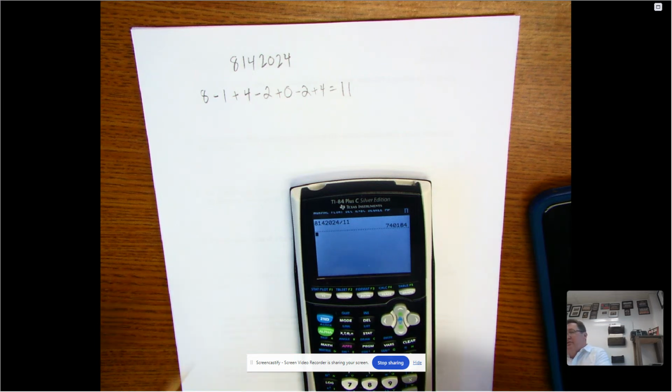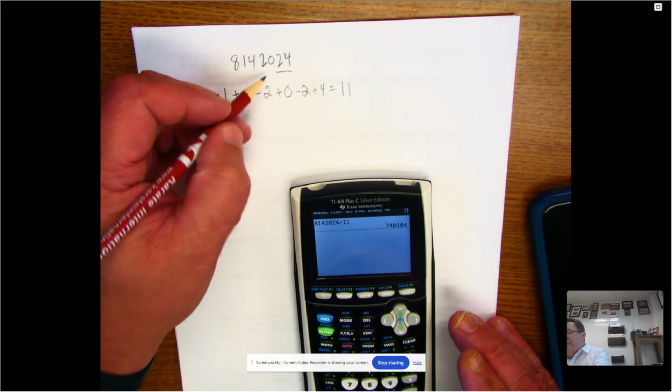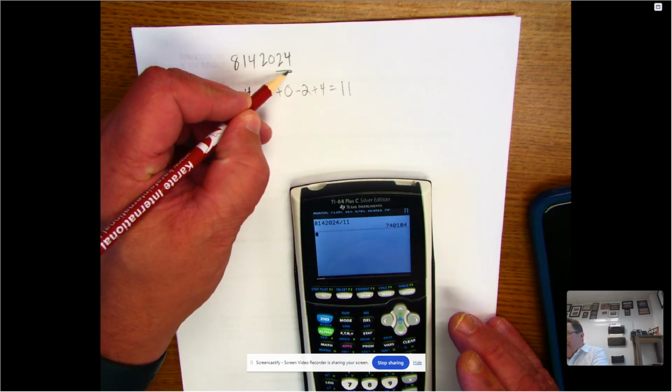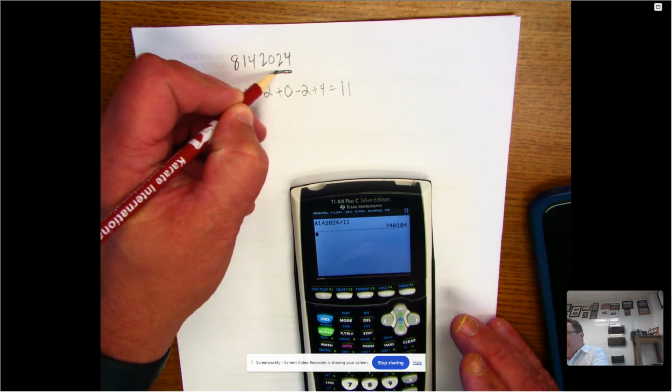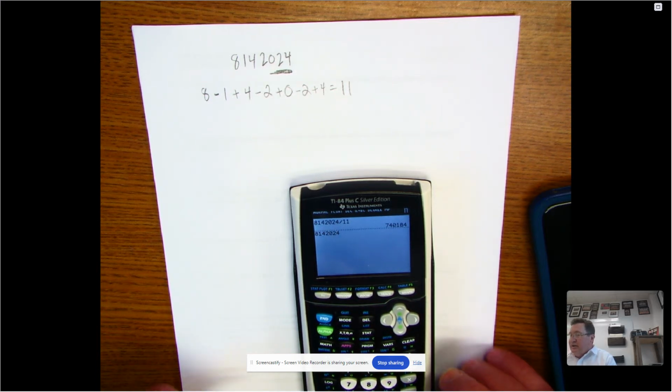Since 4 goes into 24, it must be divisible by 4. Since 8 goes into 2,000 and 8 goes into 1,000 really anyway, 8 goes into 24,024, and it's also divisible by 8. So since it was divisible by 8 and 11, it's also true it's divisible by 88. Okay, how about that?